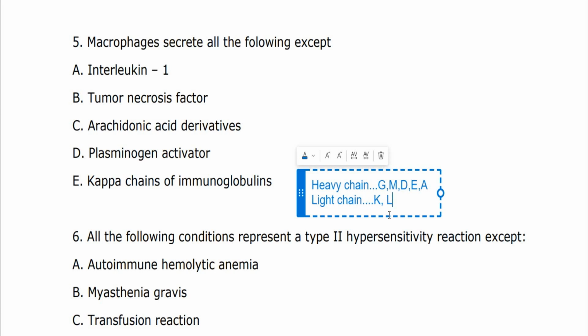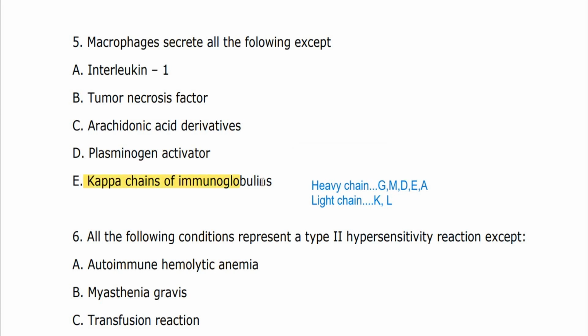So these are all components of immunoglobulin. Immunoglobulins are secreted by plasma cells, so definitely not macrophages secreting them. Maybe worth mentioning, I don't know how necessary that will be, is that the chromosome level that determines the kappa chain is at the second, and then the L or lambda is at the 22nd chromosome point.